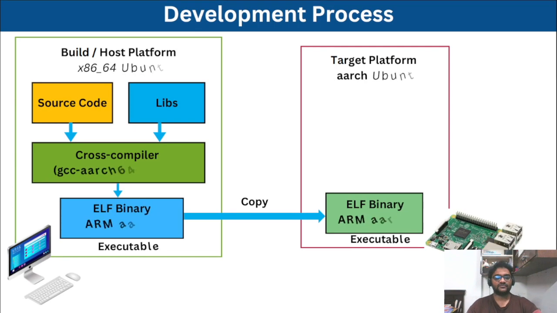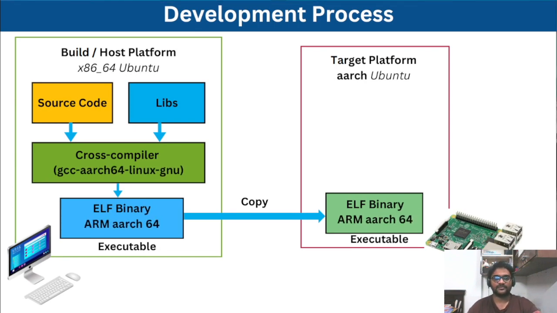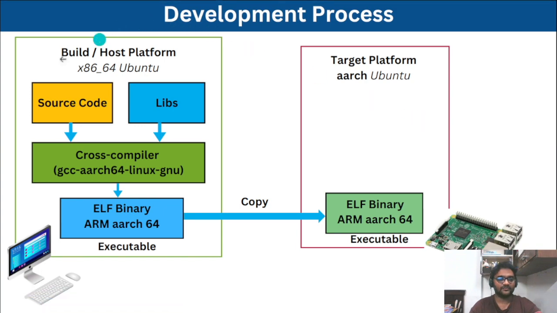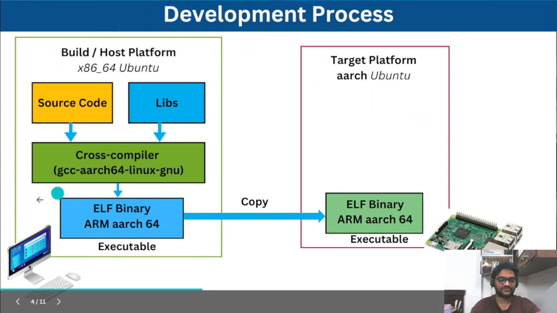So first thing is we need to know what is the development process. See, very simple. So this is the target board. We want to run all our applications on this particular board. Since we cannot directly set this up as a development environment, the alternative way is we need to build everything from our host, like our regular desktop machines, which we are quite comfortable with, and which have a lot of other additional advantages.